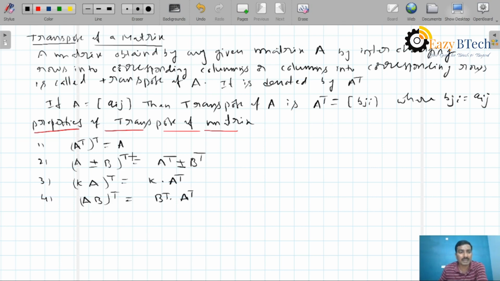Once again, let us repeat the definition and the properties.